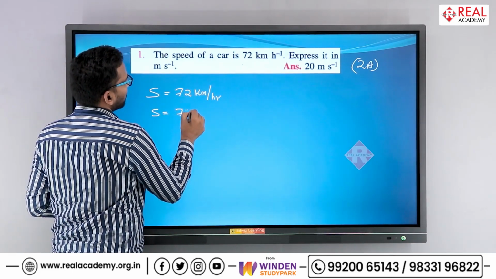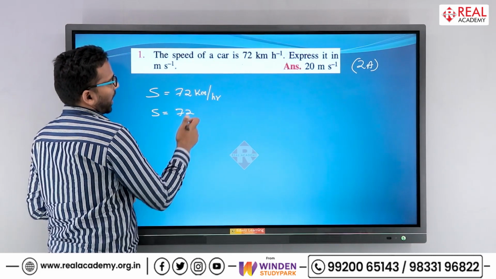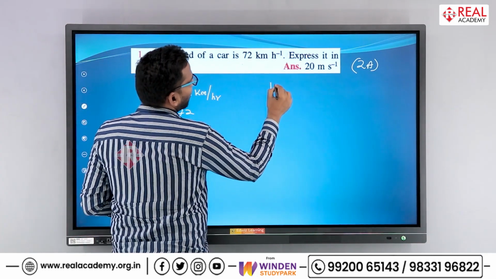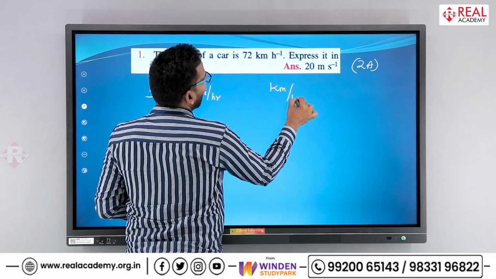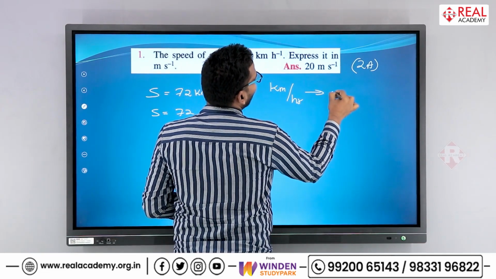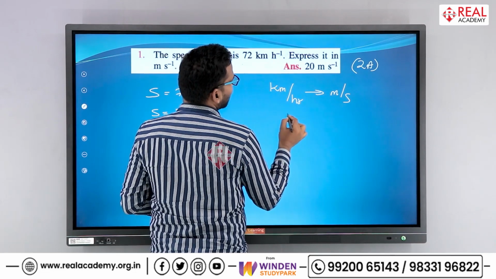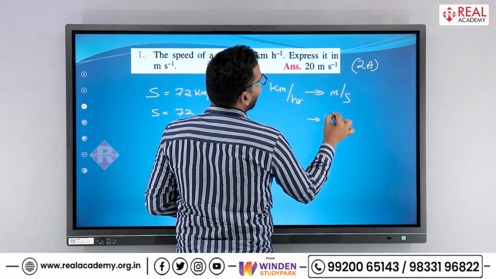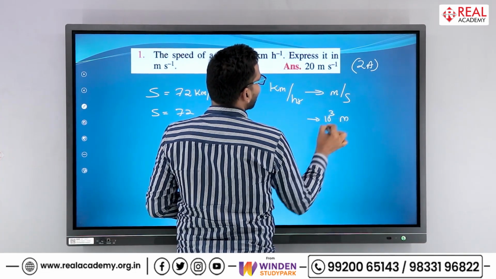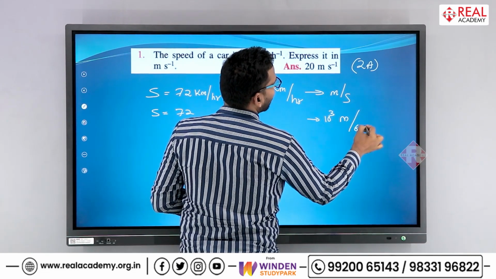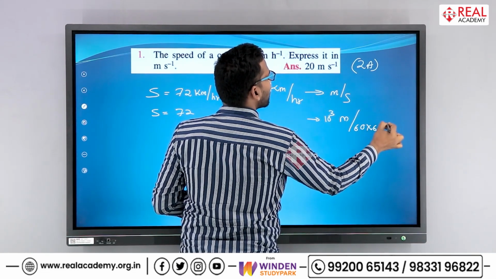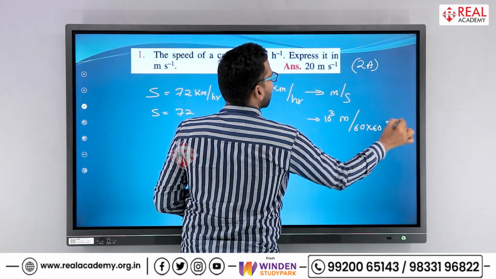Okay. So we all know how to express this in meter per second. Just take down the numeric value, and if you want to convert kilometer per hour to meter per second, 1 kilometer is equal to 10 raised to 3 meters and 1 hour is equal to 60 into 60 seconds, right?